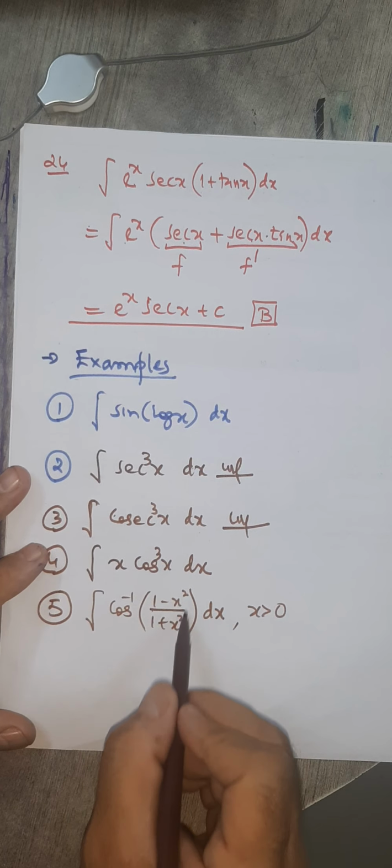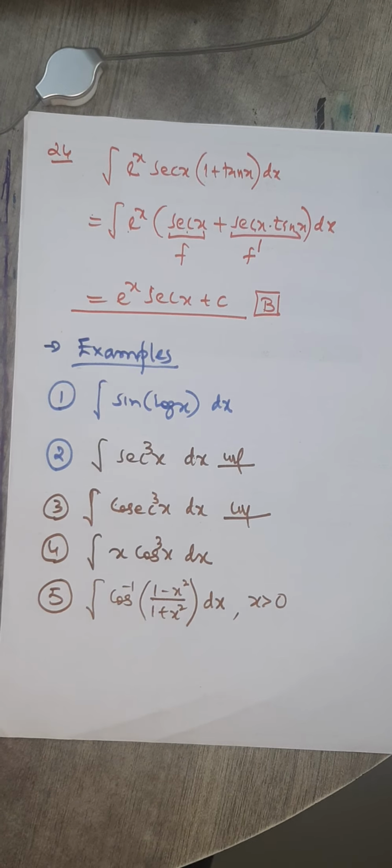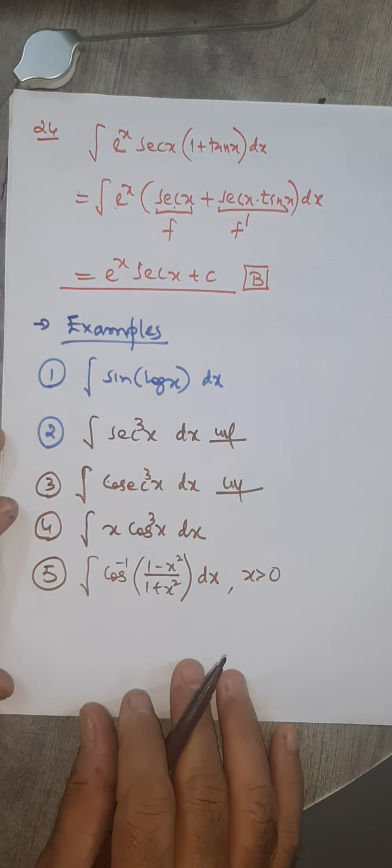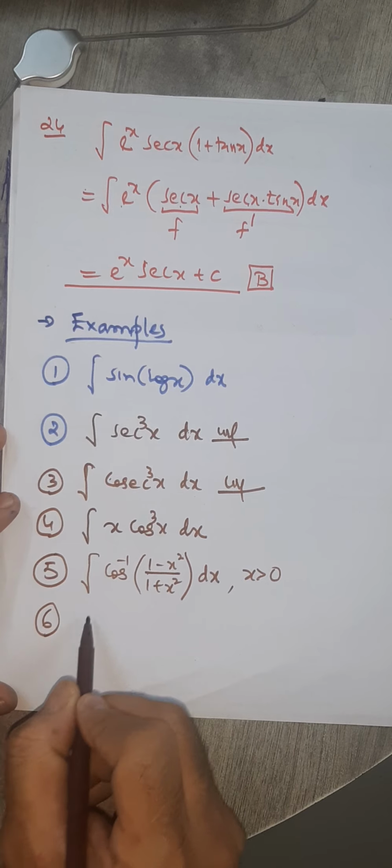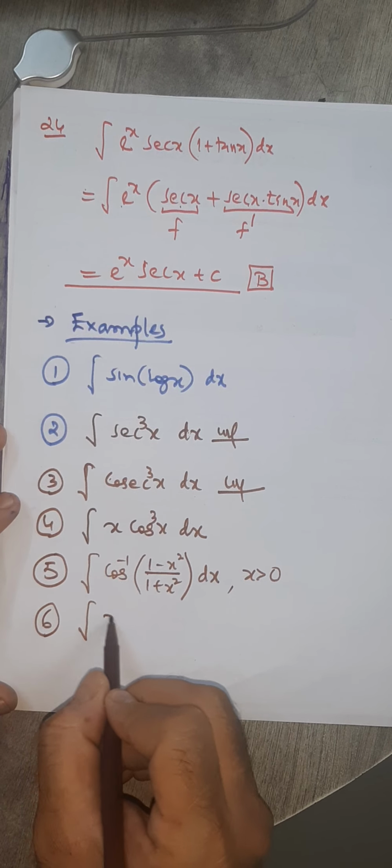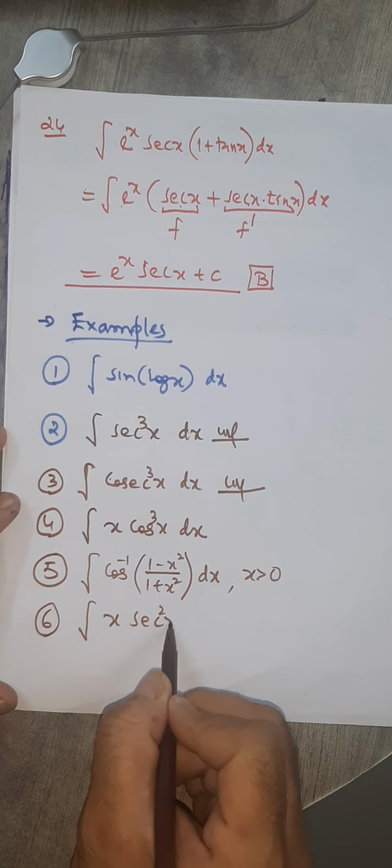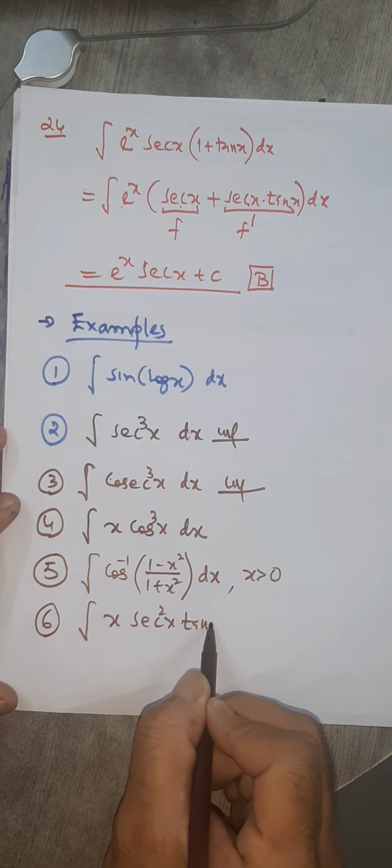This we did earlier. You need to take some substitution, you know. We had a same question. One more here, sixth one. Let's see integral of x into sec squared x into tan x dx.